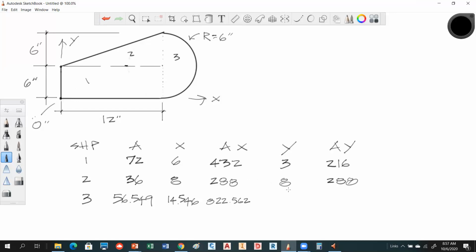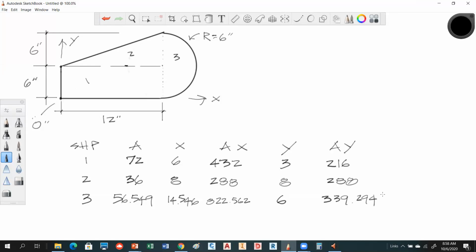Okay, so this is 6. So we're going to multiply 6 times the area, and we get 339.294. Is that what you guys are getting? Yeah, I got that. Okay, perfect.